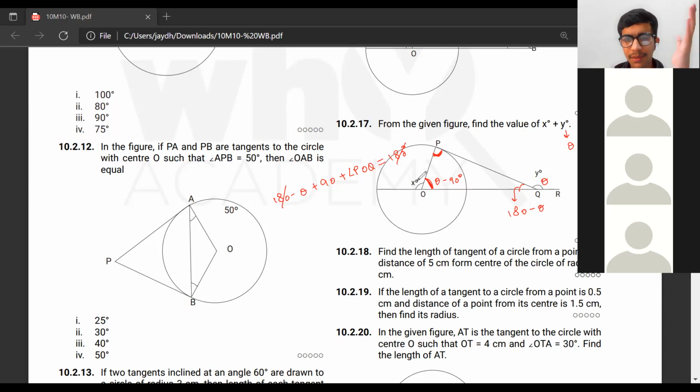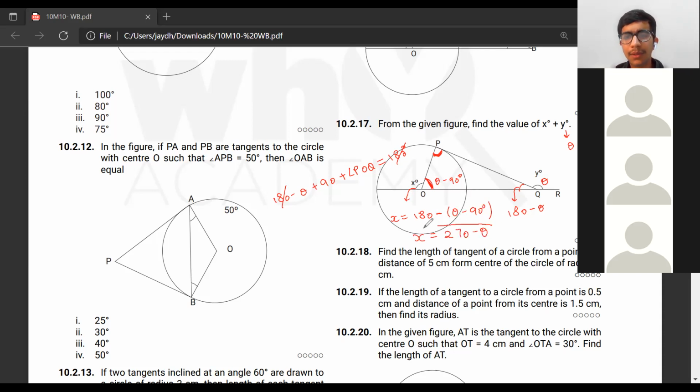Now again, since this is a linear pair, a straight line, x will be equal to 180 minus theta minus 90. So x will be equal to 270 minus theta.